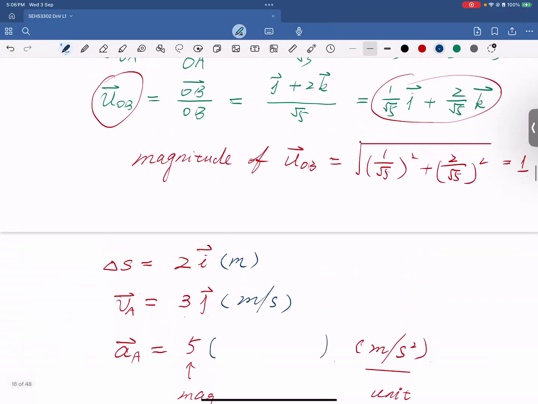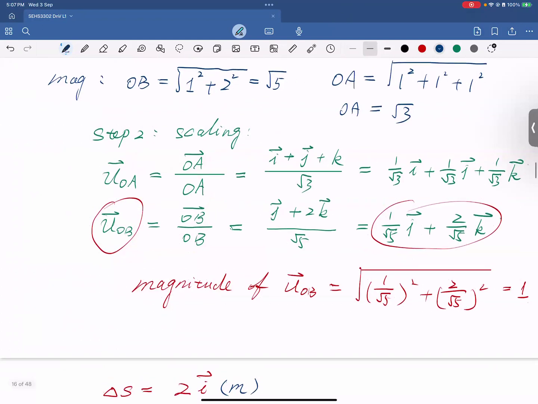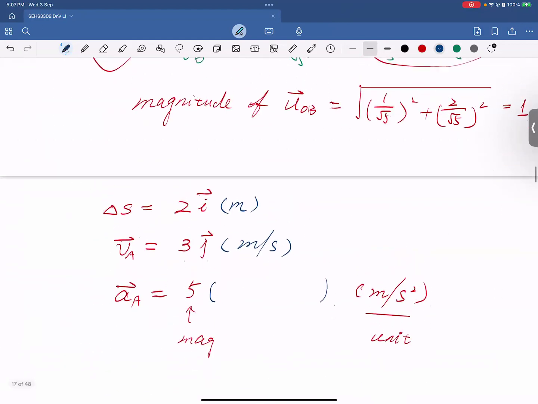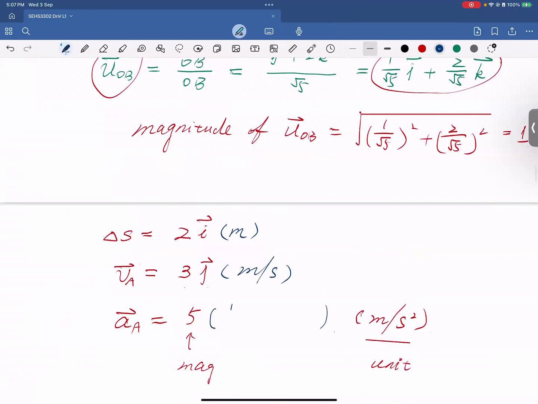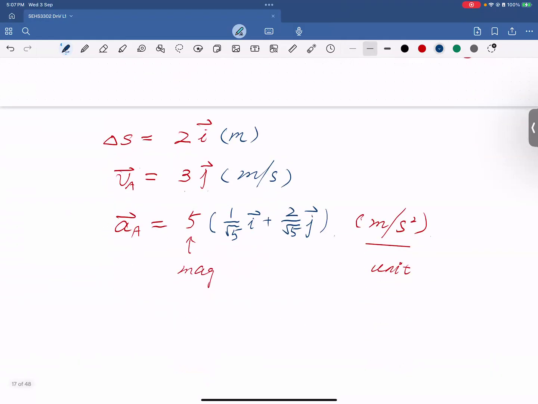It can be any unit vector here to show any acceleration. For example, we can put 1 over root 5 I plus 2 over root 5 J. Although we put some number here, we do not change the magnitude. This is the unit vector.